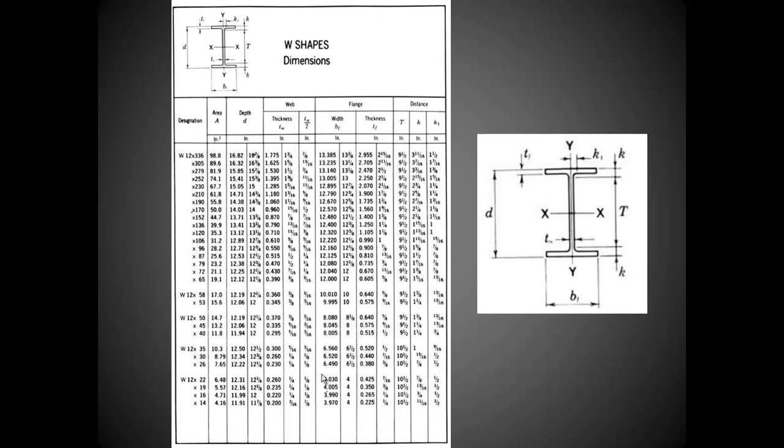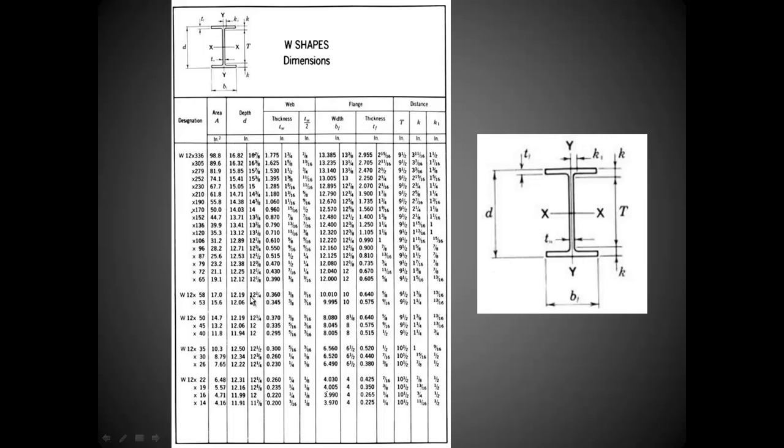The manual for steel structural shapes, this is just a page I took out of that manual, and we can see if we look at a W12 by 58, the area is 17 square inches. The depth D is 12.19, so this depth from top of flange to bottom of flange is 12.19 or 12 1/4 inches.